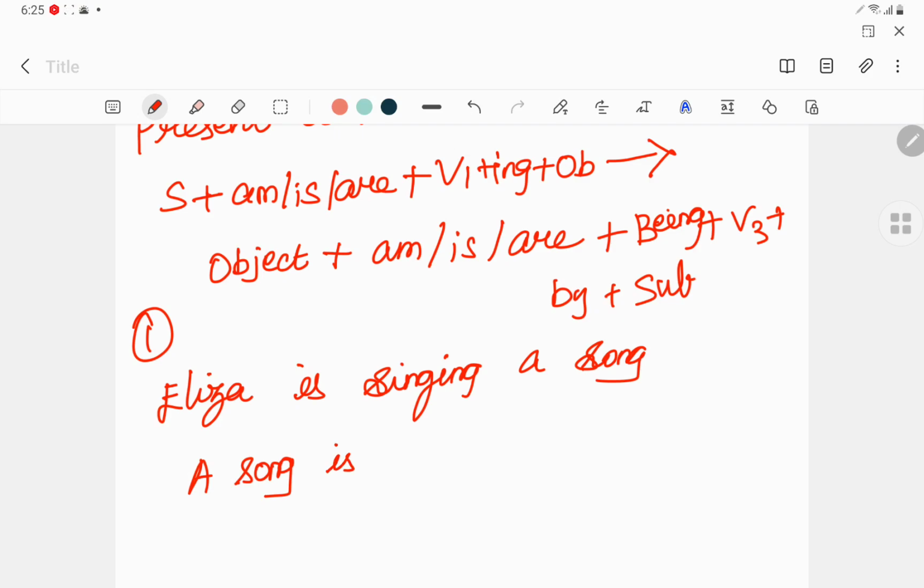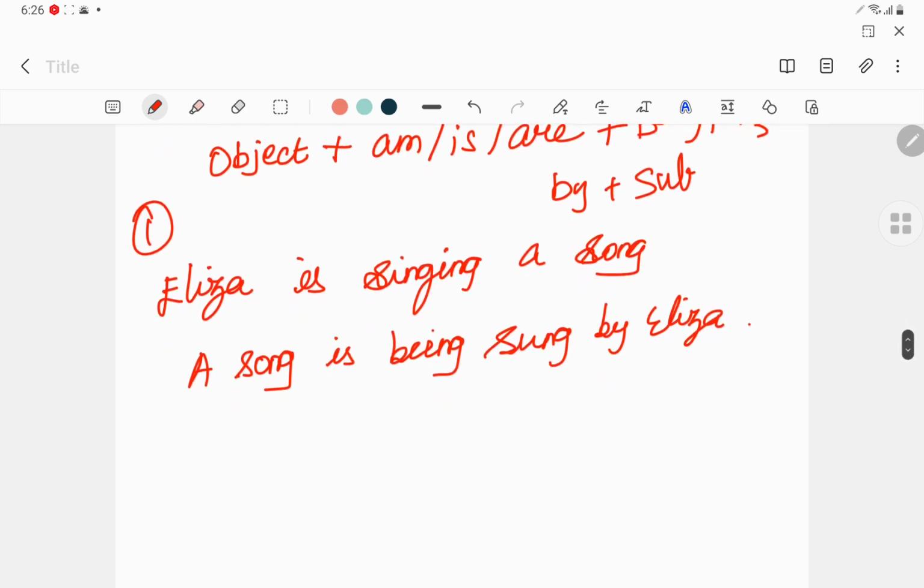A song is... Continuous tense means we can't change the tense. So a song is being sung. Sing, sang, sung. A song is being sung by Eliza.